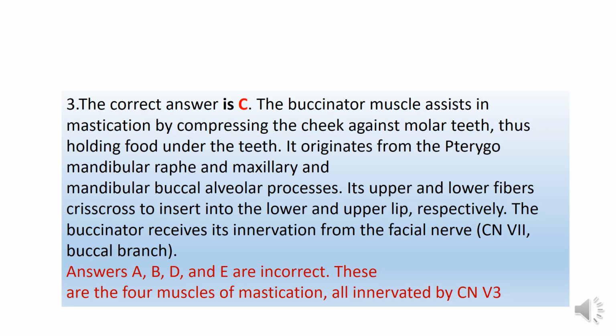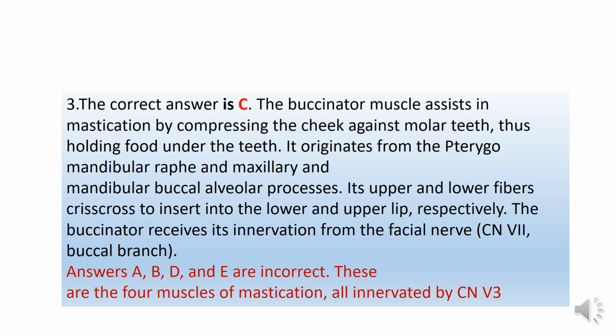The buccinator muscle is not supplied by the trigeminal nerve. It assists in mastication. It's in the cheek, so it helps us hold the food under the teeth. It originates from the pterygomandibular raphe and the maxillary and mandibular buccal alveolar process.